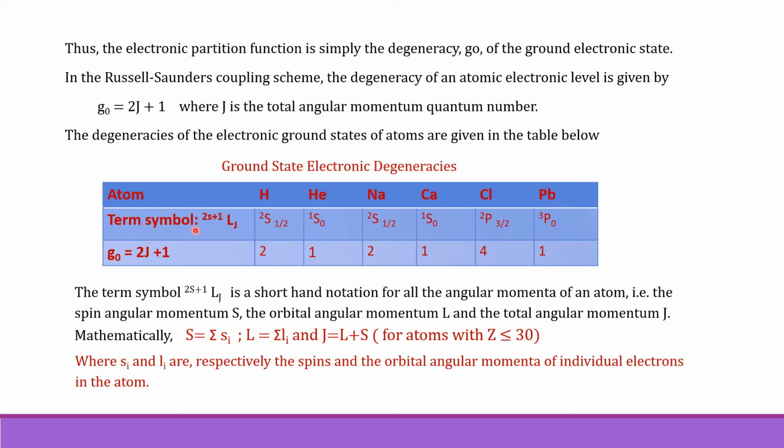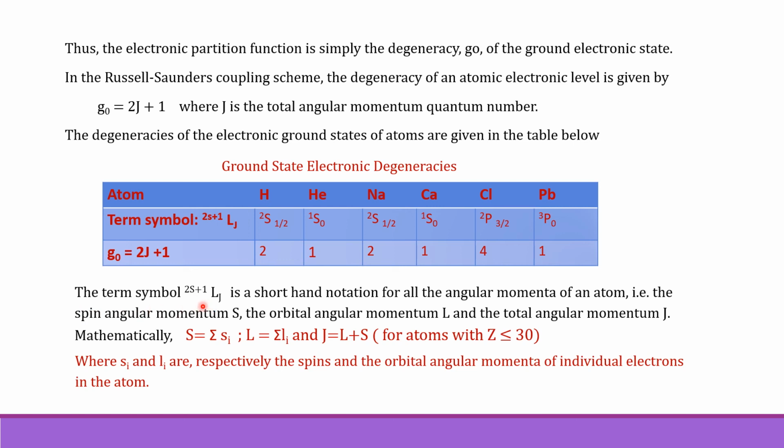Here you can see the term symbol 2S plus 1 L_J, and these are 2S half, 1S0, 2S half, 1S0, 2P 3 upon 2, 3P0. And g0, that is the degeneracy, is given by 2J plus 1. The value comes out for hydrogen 2, for helium 1, for Na 2, for calcium 1, for chlorine 4 and for lead 1.